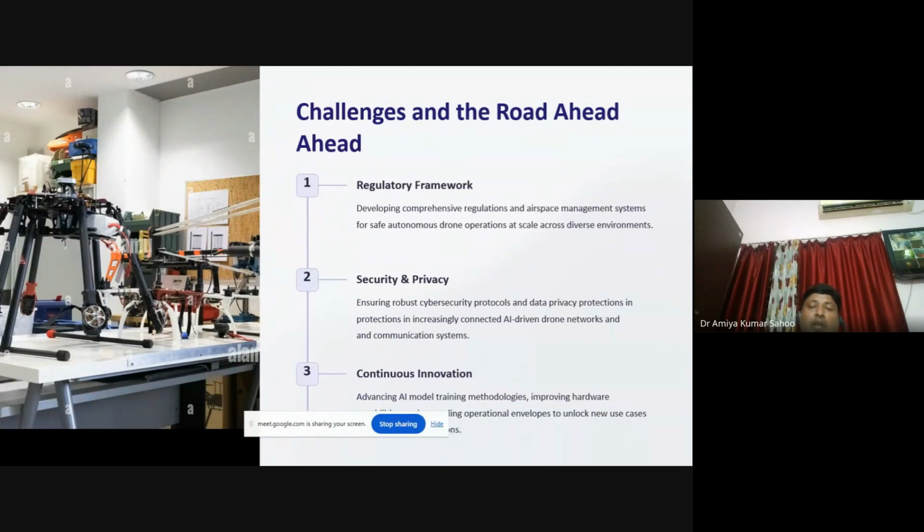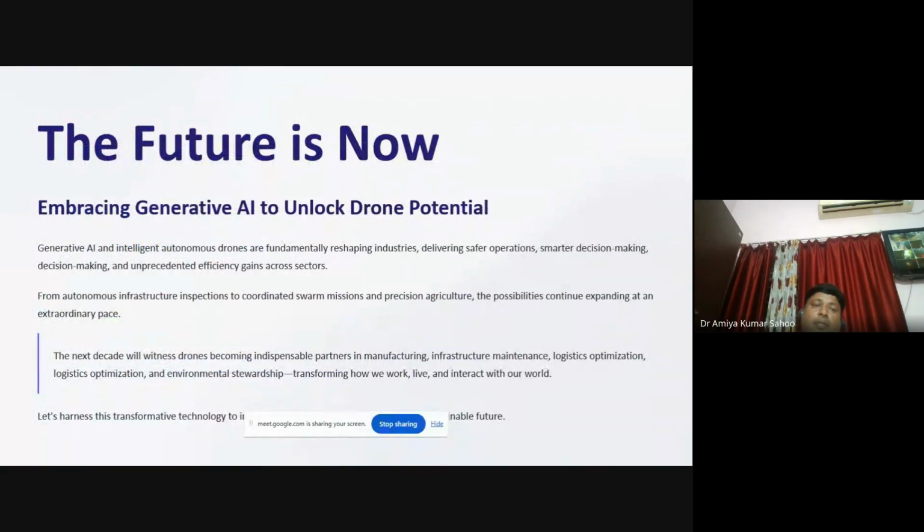The security and privacy already discussed: ensuring robust cyber security protocols and data privacy protections in increasingly connected AI-driven drone networks and communication systems, while also advancing AI training methodologies, improving the hardware and operational envelopes to unlock new uses at a time.